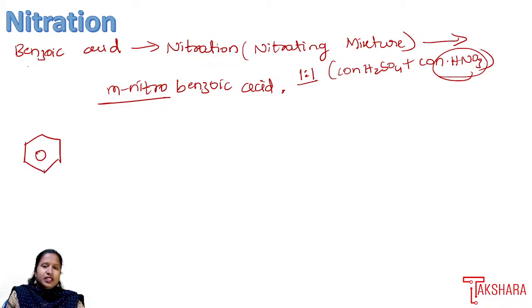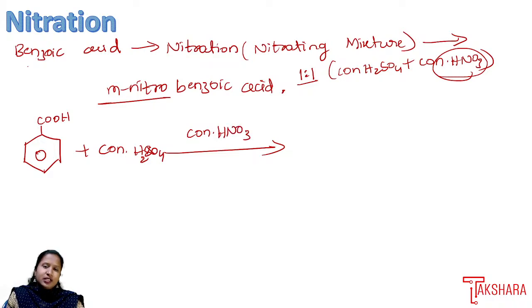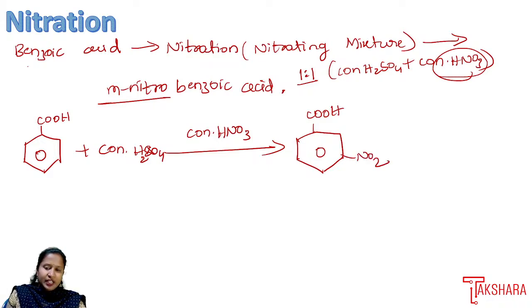So when benzoic acid, we need to consider COOH, is treated with a concentrated nitrating mixture such as H2SO4 and concentrated HNO3, which is taken in a 1:1 ratio, the NO2 group is attached to the meta position.